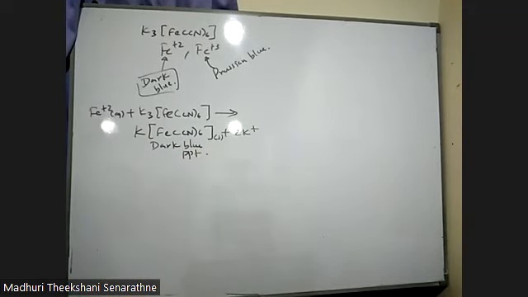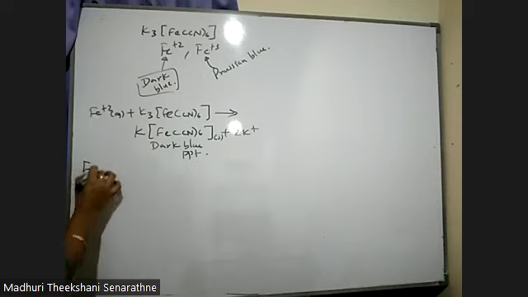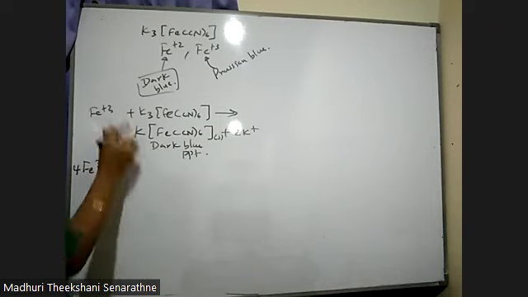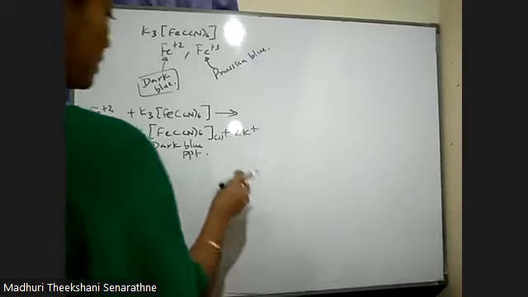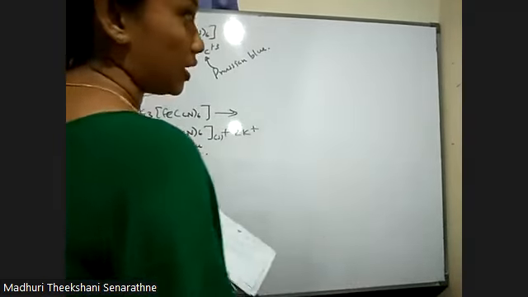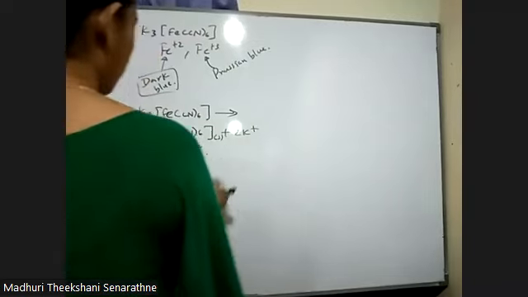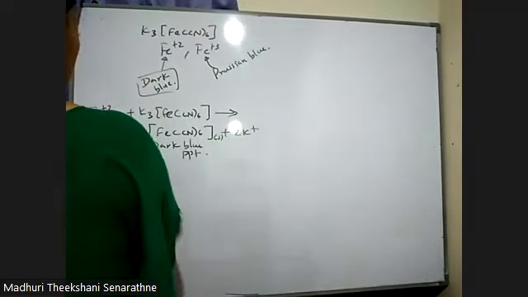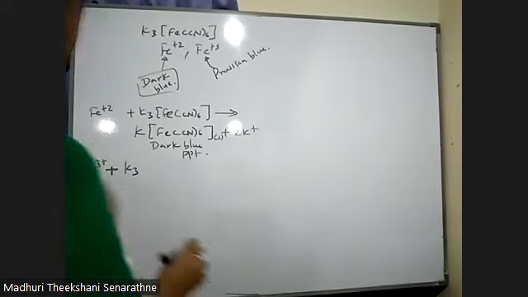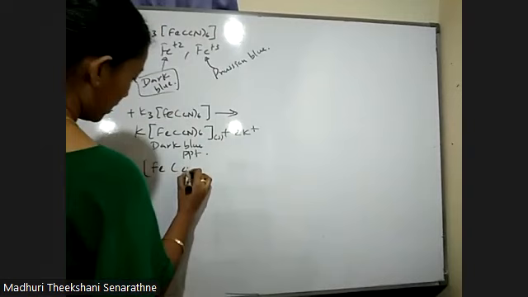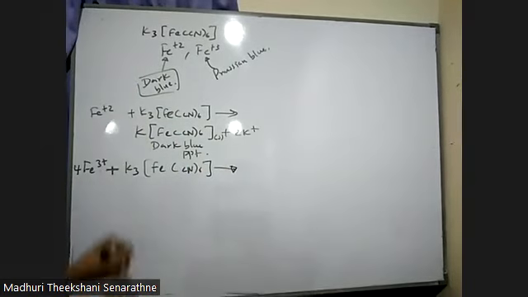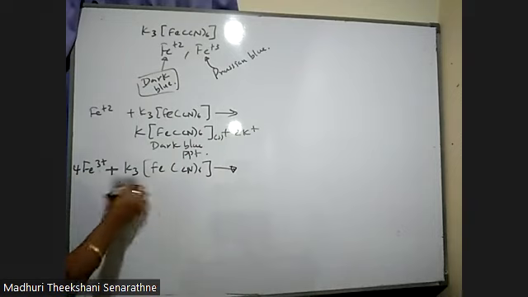For Fe3 plus: 4Fe3 plus plus 3K4[Fe(CN)6] gives Fe4[Fe(CN)6]3 solid plus 12K plus. These equations are written in inorganic chemistry, therefore physical states are not essential.